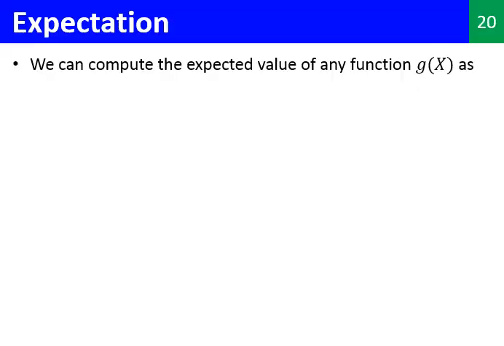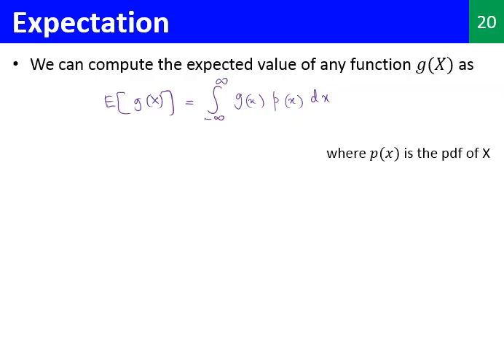The expected value of any function g of random variable x is given by E[g(x)] equals the integral from minus infinity to plus infinity of the particular function times the probability density function, dx. Okay, so p(x) is the PDF of x.